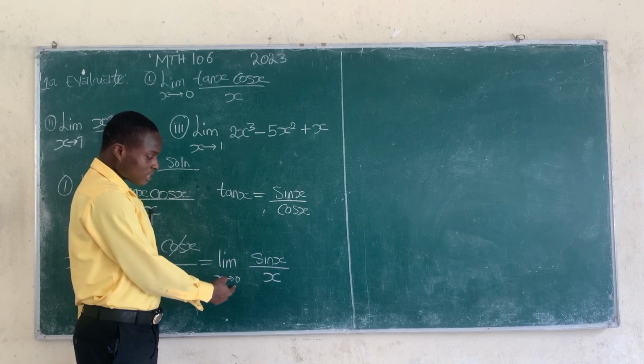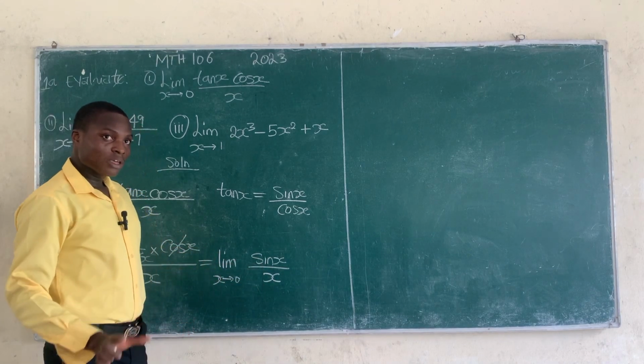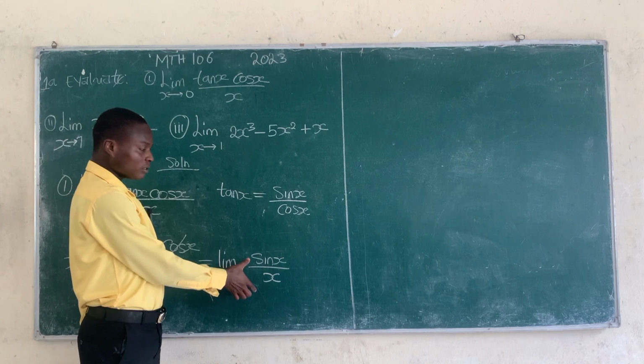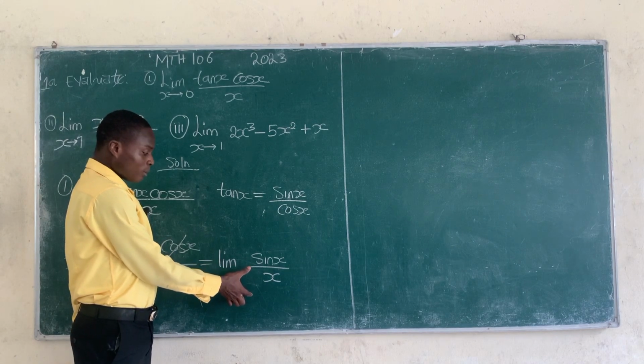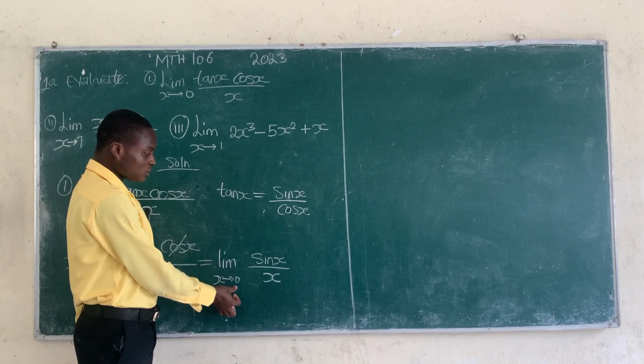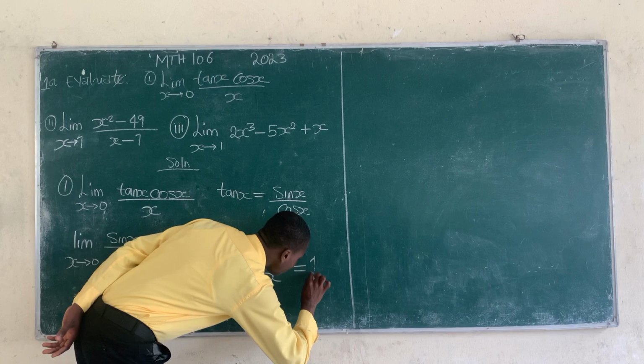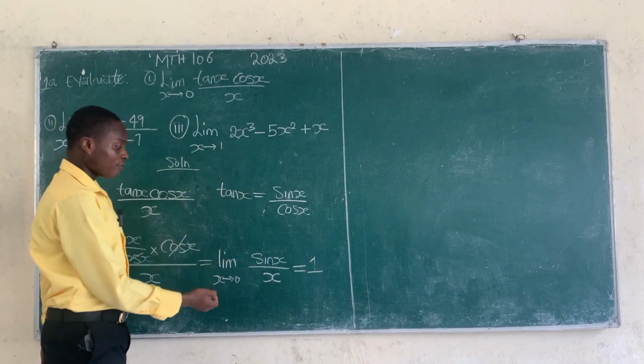It is not given, it is actually derived or proved. But for the sake of this question, we are going to know that the limit as x approaches 0 of sine x over x is equal to 1. Please do well to watch that video.